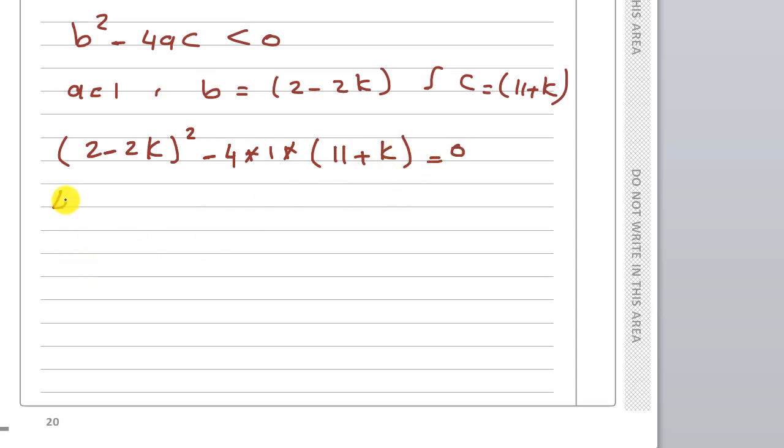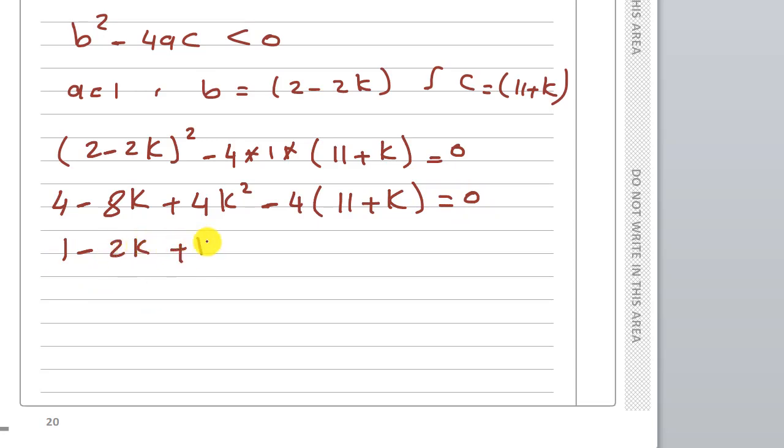So 4 minus 8k plus 4k squared minus 4 multiplied by (11 plus k), divided by 4: 1 minus 2k plus k squared minus (11 plus k), and so on, so k squared minus 3k minus 10 is less than 0. Let us bring our calculator.